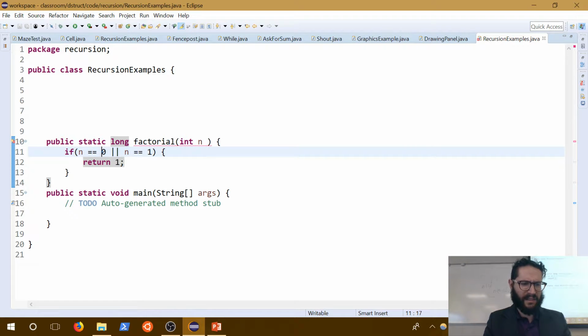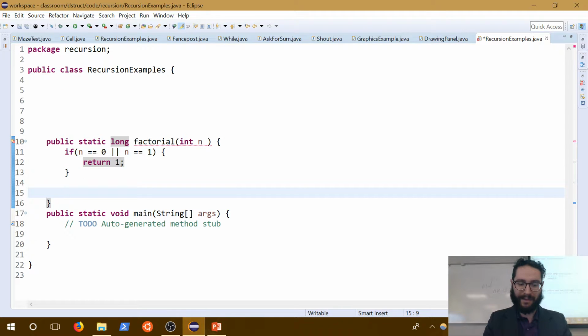The base case is something so simple that we can just return a value. We don't even have to think about it. We don't really have to compute anything. If n is 0 or n is 1, return 1. That's what a base case is.